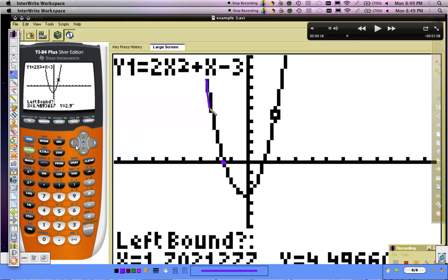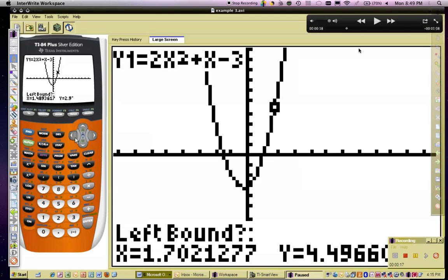So you want to get the cursor to a point just before it hits the graph on the left. In this case, that will be above the x-axis because we're coming down from the top. Once you've gotten the cursor as close as it'll go, which may not be very close at all, on that side of the 0, press enter.